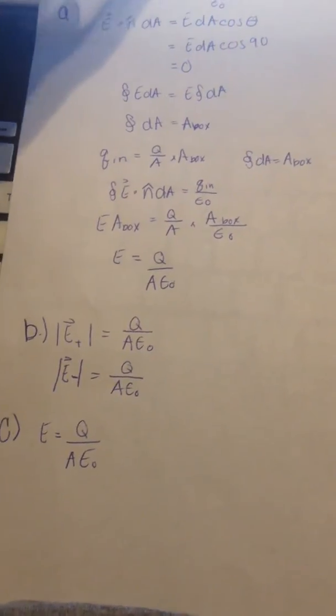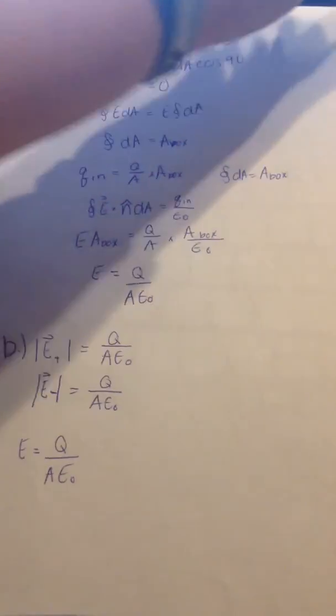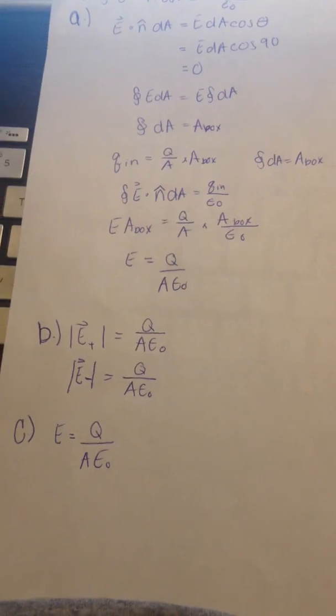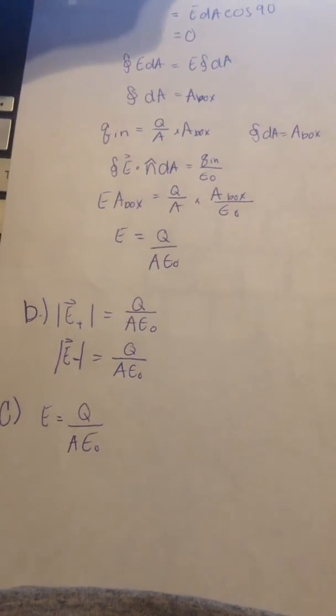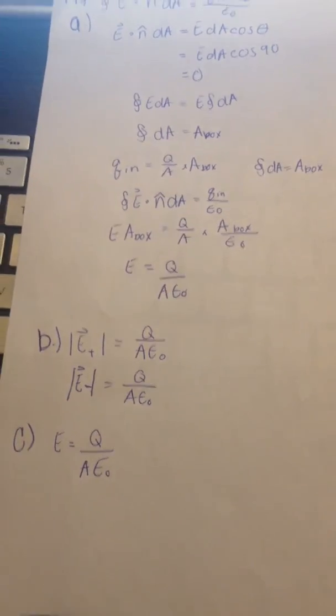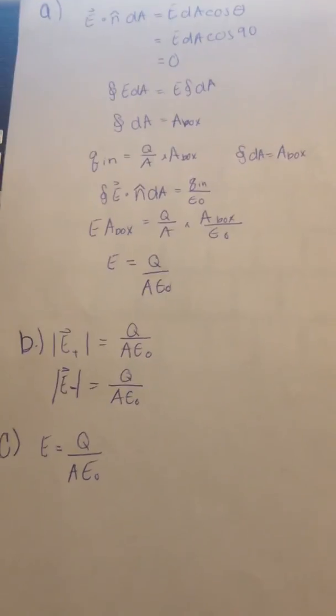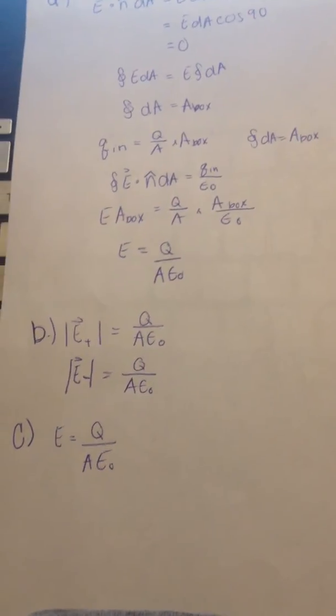And they're both facing towards the negative plate. So we know that. And for part C, we're going to be looking at region 3, which is partially inside the plate. And it's going to have the charge of negative Q. So this is going to be similar to the case before.